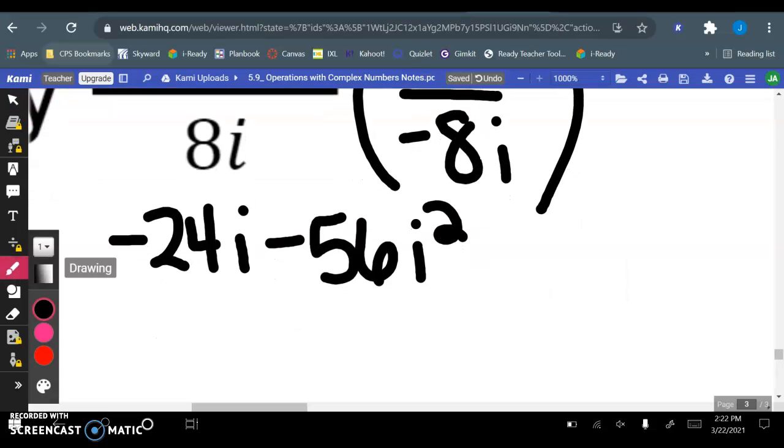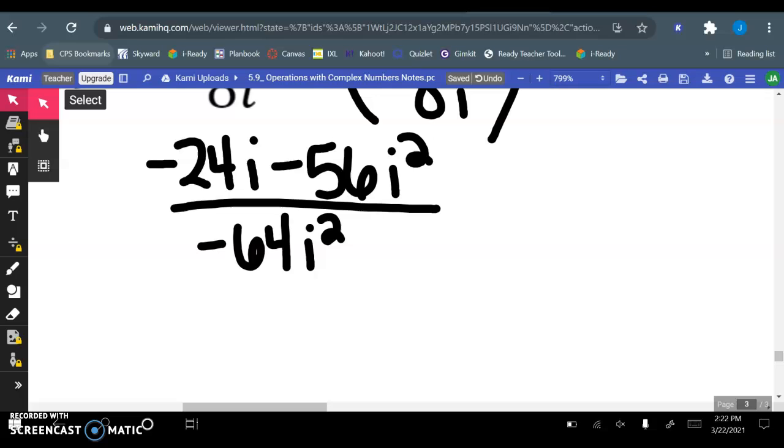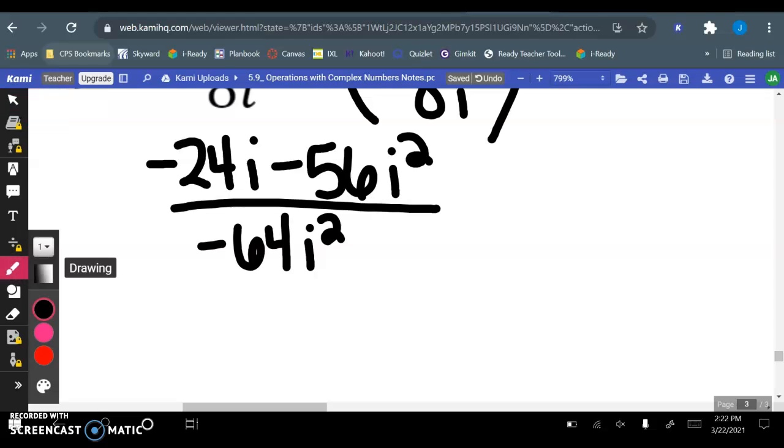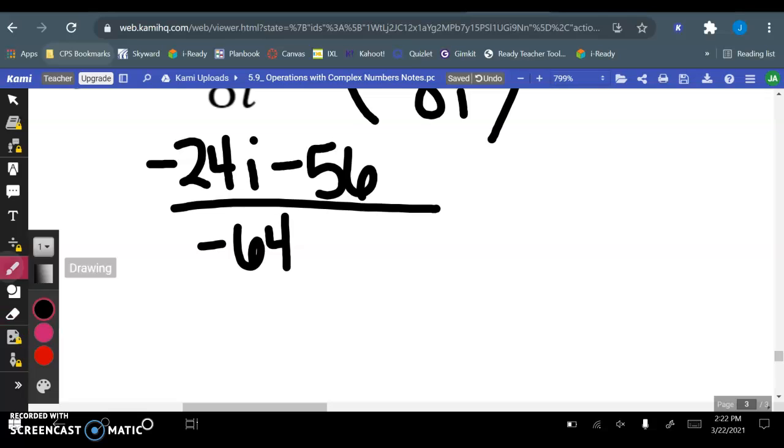And then at the bottom, the denominator is negative 8 times 8 is negative 64. i times i is i squared. So now remember that i squareds are like negative 1s. So I need the eraser here. So timesing both of these by negative 1, that's going to become positive, and so is the 64.